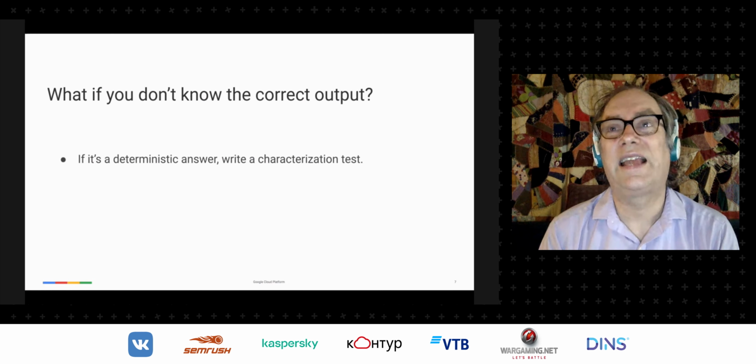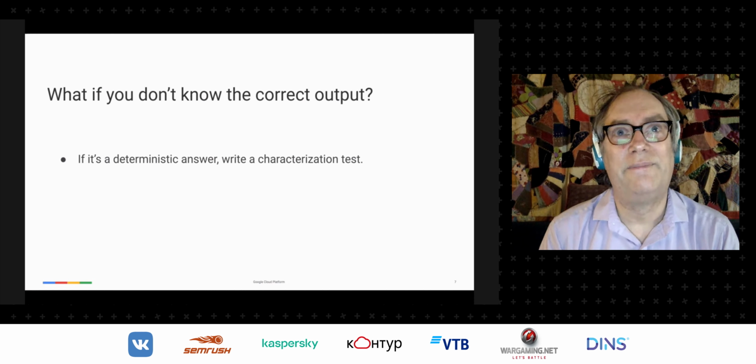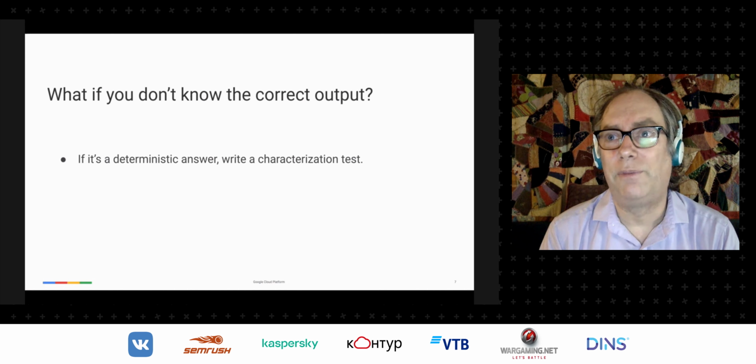If it's a deterministic answer, you might be able to write a characterization test, which is verify what the current output is, and then write a test that reproduces that. For example, over the last couple of years, I've spent a lot of time looking at Maven dependency trees. And they can be very complicated if you look at just even a basic project like XOM or JDOM and say, what is its dependency tree?